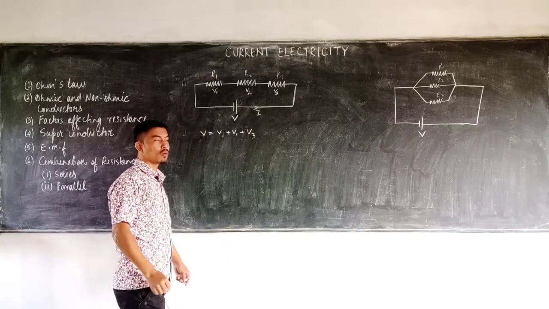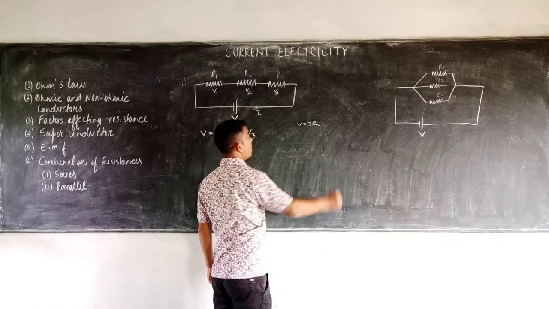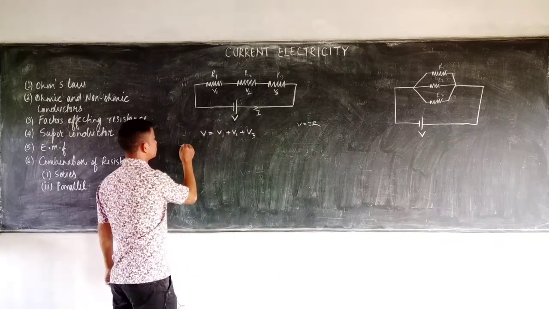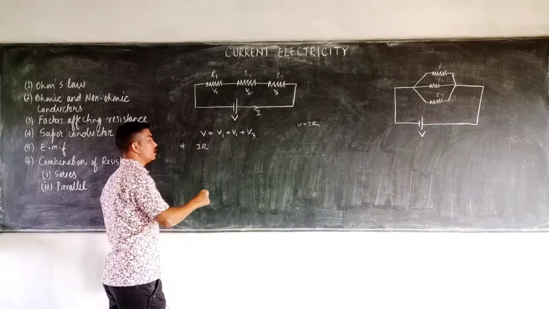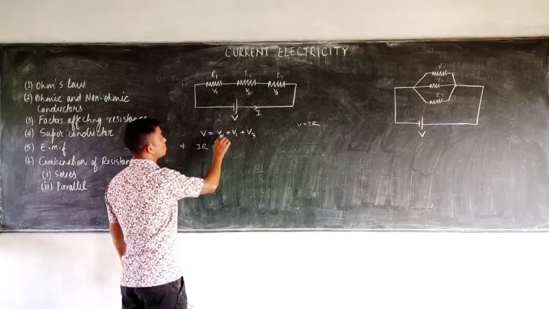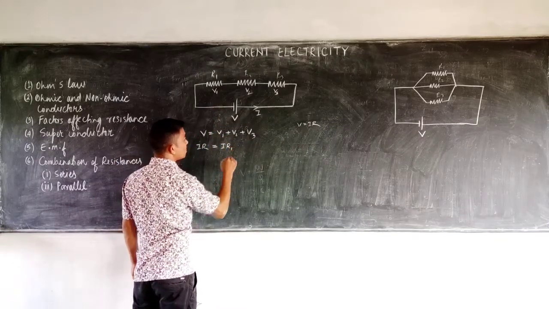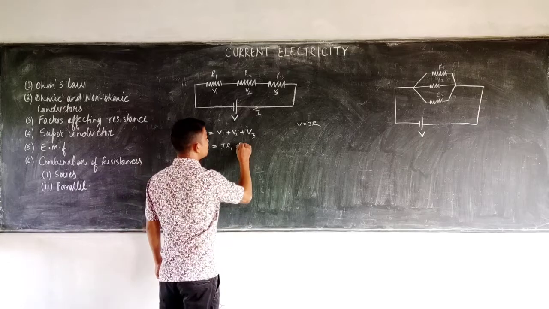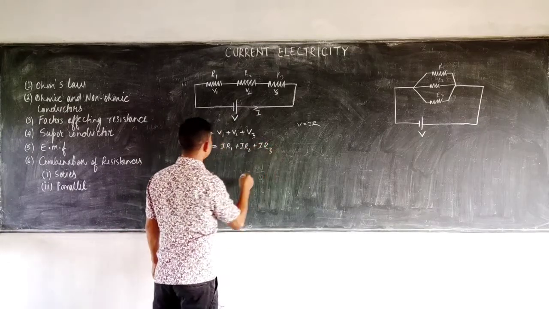Now according to Ohm's law, we have the formula V equals I into R. So I substitute that value. V is I into R, where I is the current and R is the equivalent resistance. Similarly, through the first resistance, V1 will be I into R1, through the second it will be I into R2, and for the third it will be I into R3.